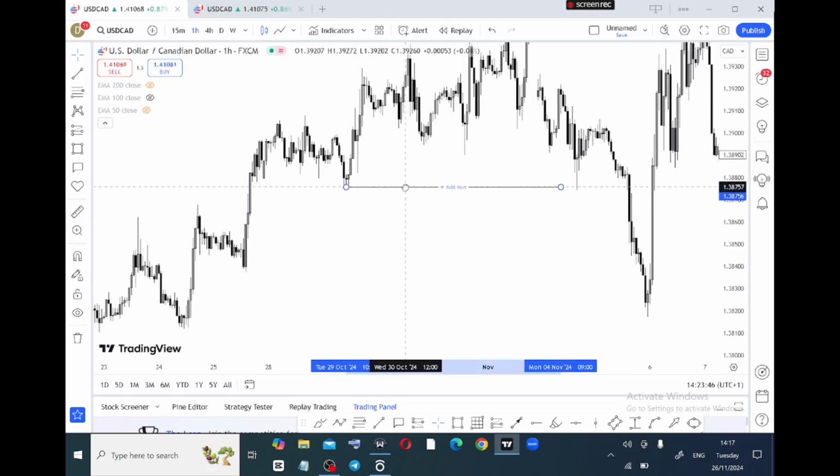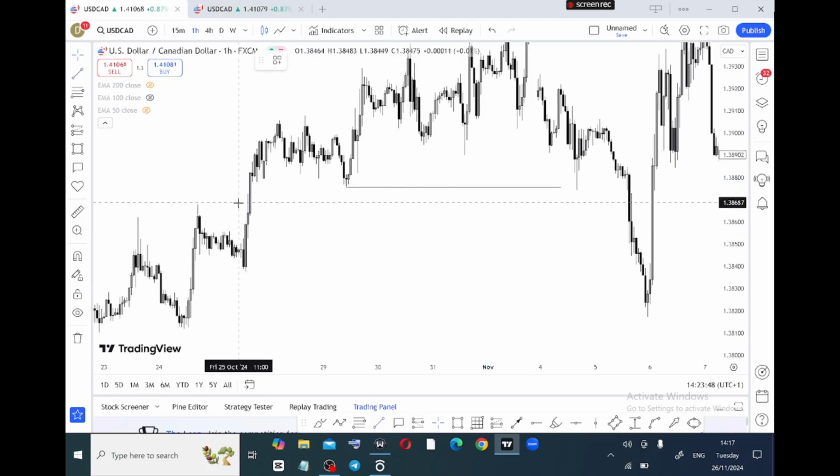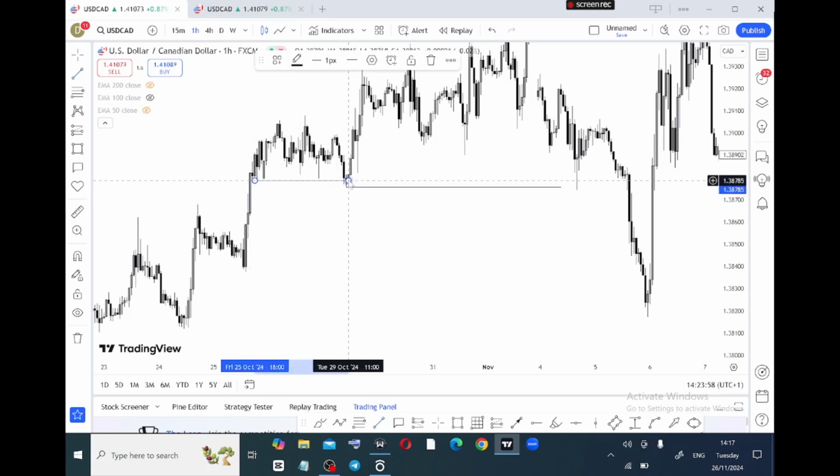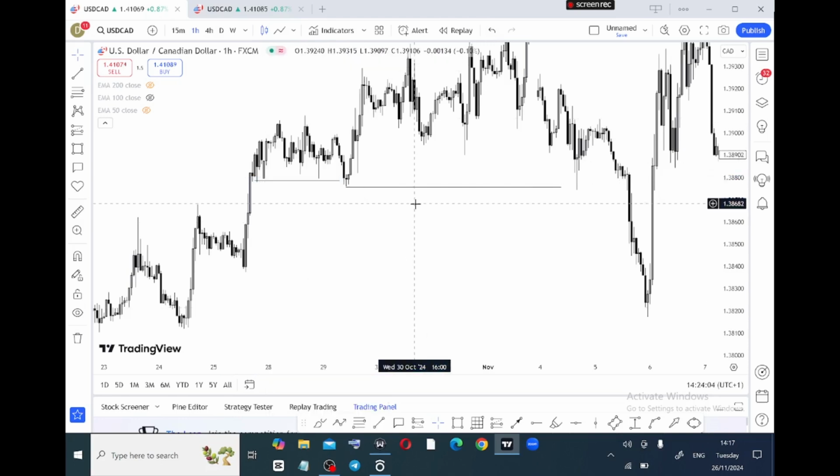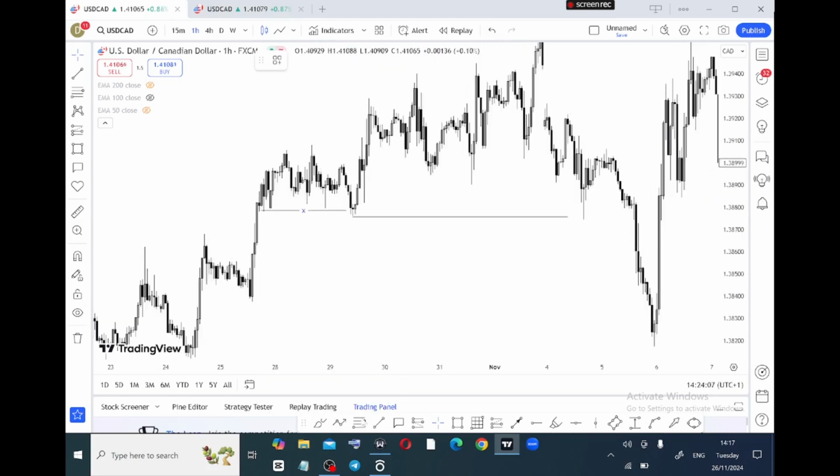Because this is the low the market created last, after taking out inducement. We had a small pullback here after taking out this liquidity. The market took out this liquidity and gave a direction. I just want to map it a little so that you see how I analyze it and where I was coming from.